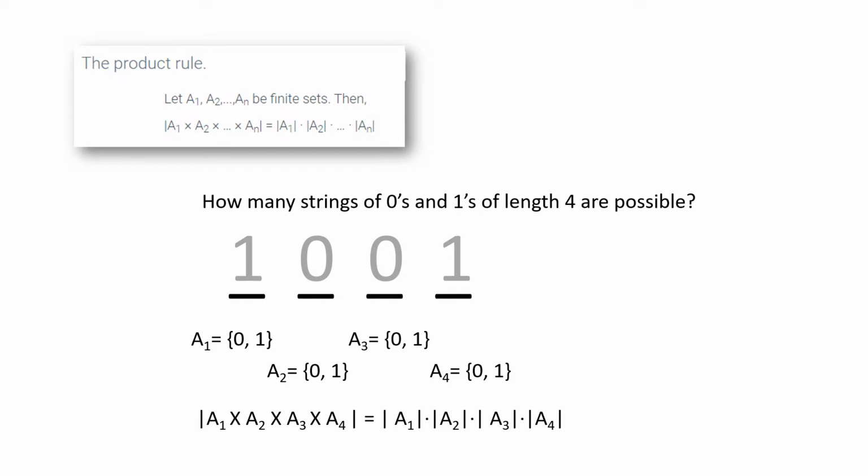So A sub 1 would have 2 elements, and then A sub 2 has 2, and so on. It would just be a matter of multiplying 2 together 4 times, and so we would have 16. And so we've used the product rule and been able to determine that the number of strings of zeros and ones of length 4 would be 16.